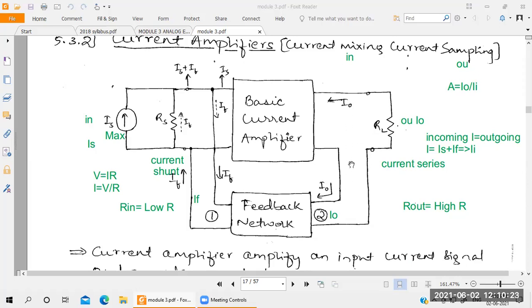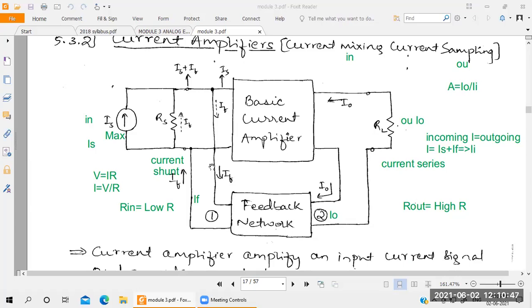See the connection here. It is in series. Next, after making the input connection, you take the output of the feedback. What is the output of the feedback here? That is IF. So IF is now connected with the input of the amplifier across the mixer. Here there are two currents at the input of the amplifier, one from the source and one from the output of the feedback.